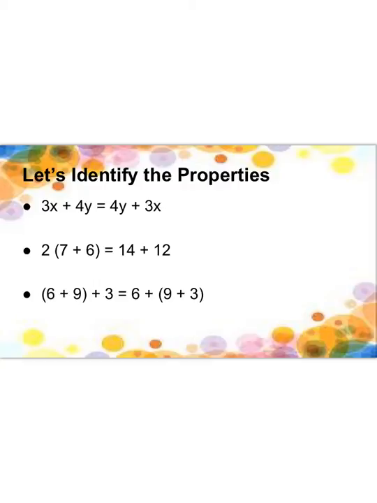All right, so this first one, it looks like things have changed position or moved around. First place is now last place. Last place is now first place. That is the commutative property. On this second one, this one was a little tricky because I did not give you the middle step.